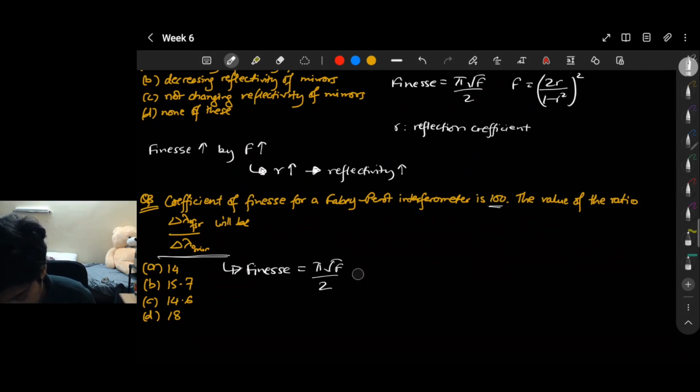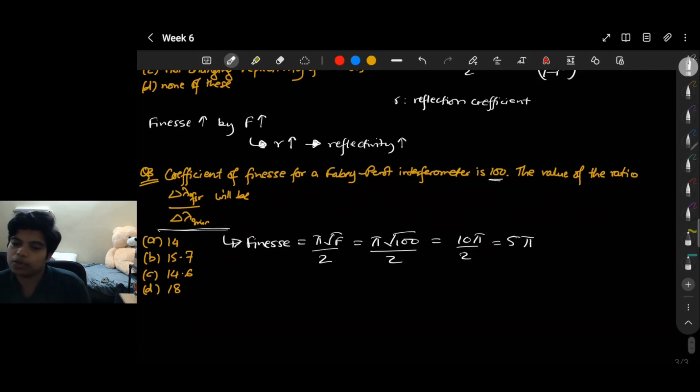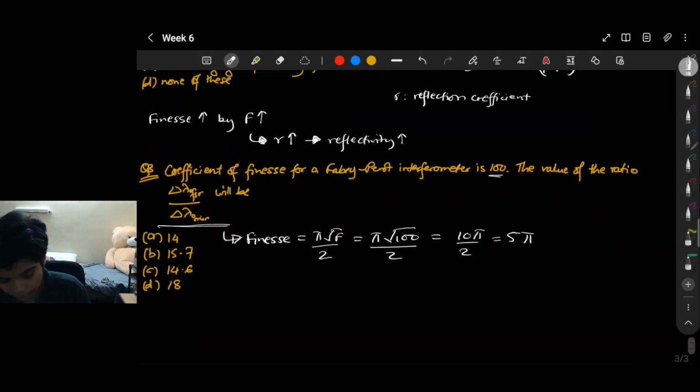So this is equal to pi root 100 by 2, which is 10 pi by 2, which is 5 times pi. Let me pull out my calculator. 5 times pi is approximately equal to 15.7. Nice.